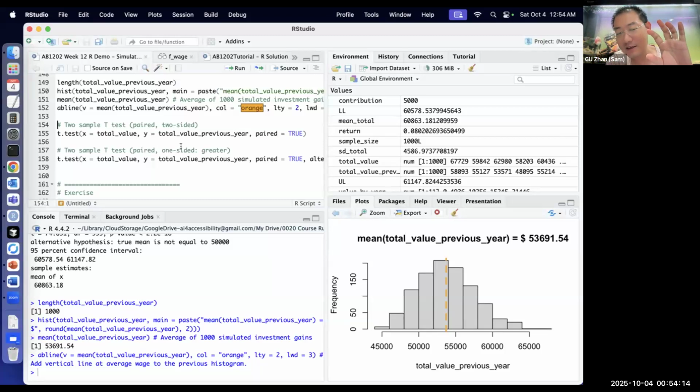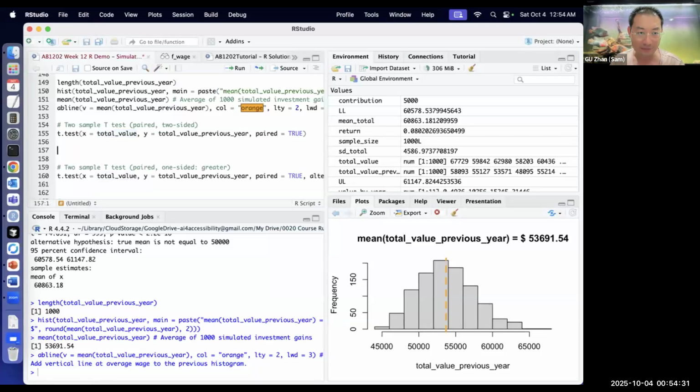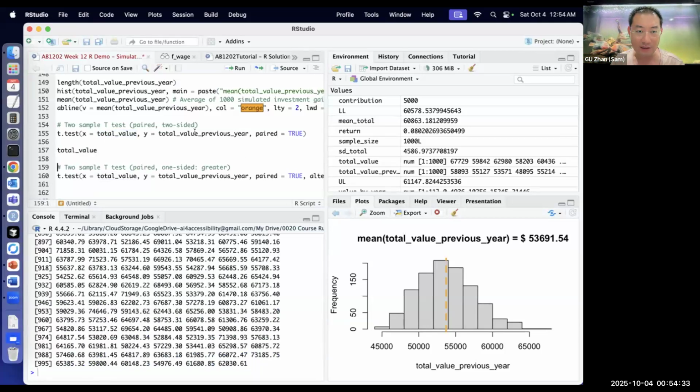So this is one pair. This belongs to the same sample. Then you move on to the second sample, right? The second sample, you have the total value and the total value of the previous year. So this is your total value, and this is your total value of the previous year.